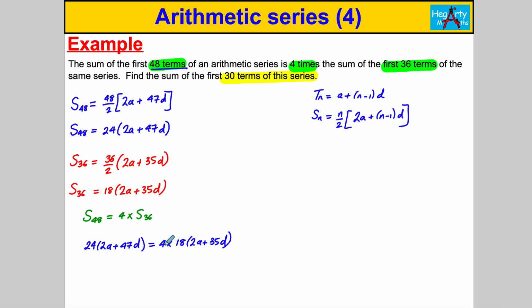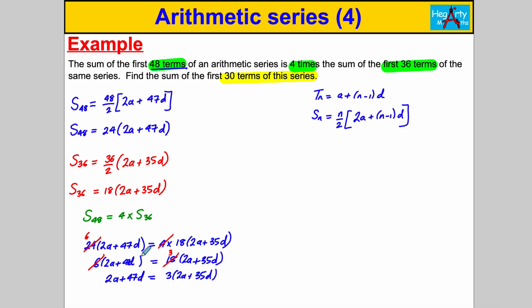But if you had left it in this form, you could divide both sides by 4, and you would get 6 bracket 2a add 47d is equal to 18 bracket 2a plus 35d. And then you could think to yourself, well, what if I divide both sides by 6? And if you did that, you get 2a add 47d is equal to 3 bracket 2a add 35d.